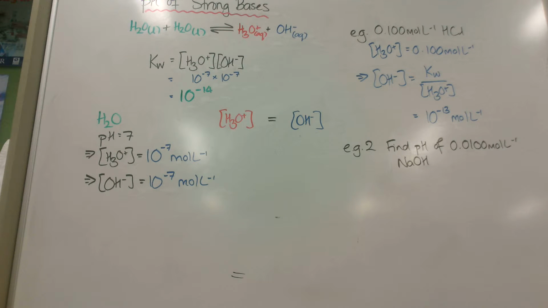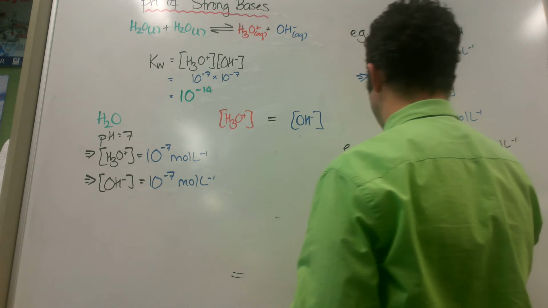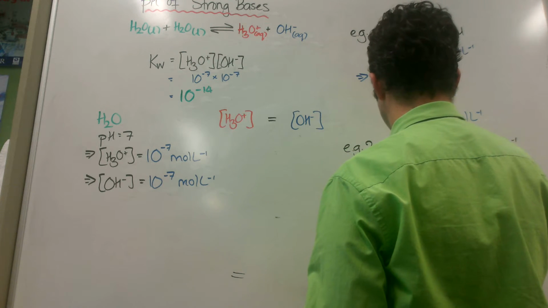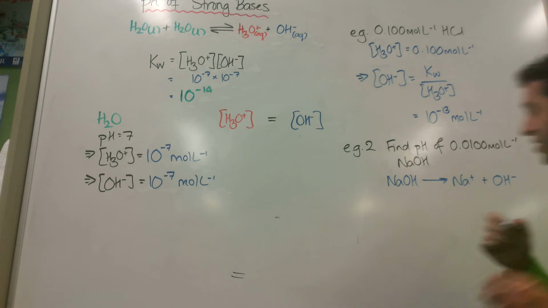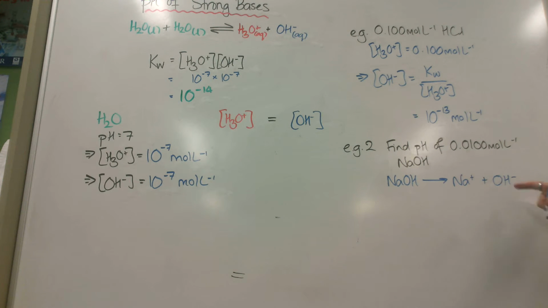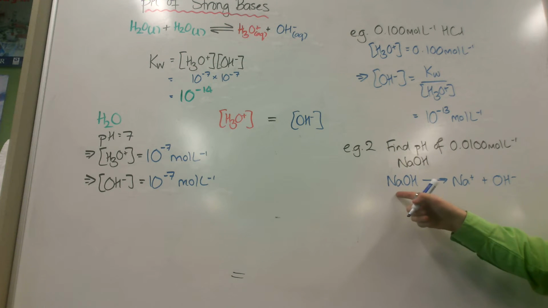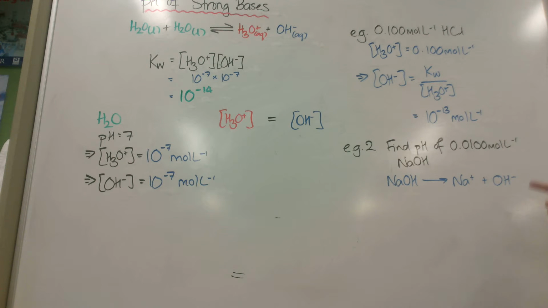Okay, so dissolving in water. So the sodium hydroxide makes those two ions. Notice one of these making one hydroxide, so it's in a 1-to-1 ratio. Sometimes it might be something like calcium hydroxide, where one of these would make two of these. And you have to allow for that mole ratio. I'll let you do some examples on that later.